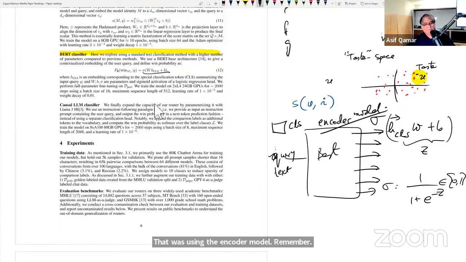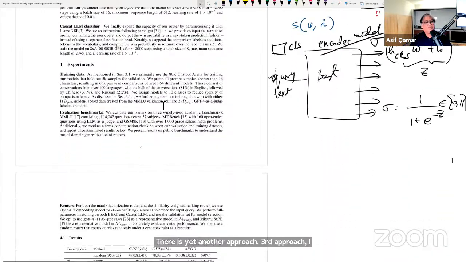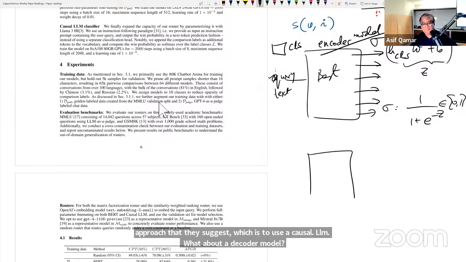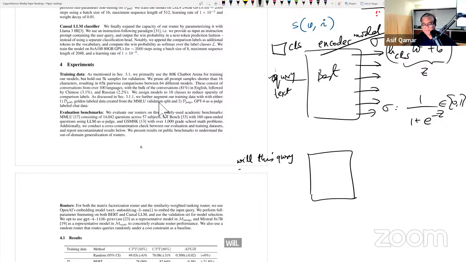There is yet another approach, a third or fourth approach I believe that they suggest, which is to use a causal LLM. What about a decoder model? If you take a decoder model, which is practically making the router itself a little LLM, you will have to give it an instruction, something like: will this query be much better answered by the stronger model? Let's say, I'm just cooking it up.